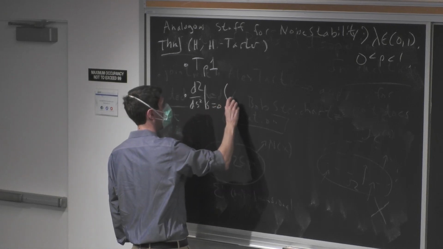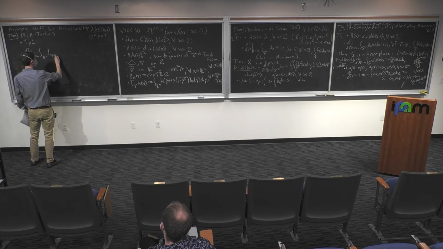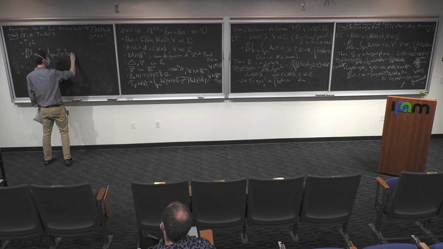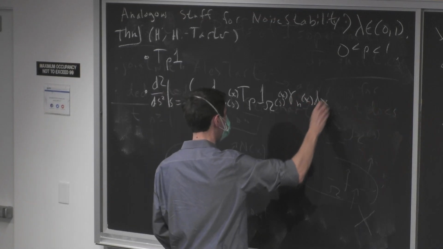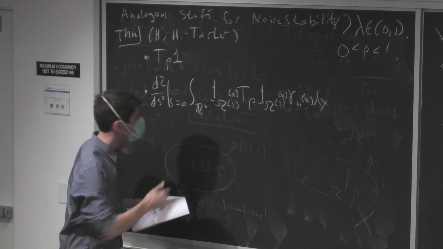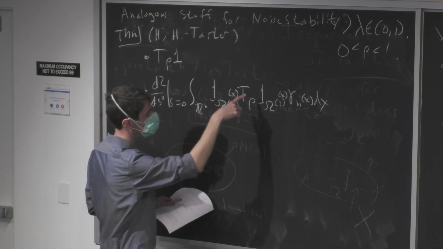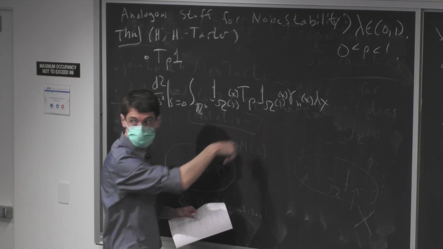It's the integral of the indicator of omega against T rho of the indicator of omega. So this is noise stability: just take a set, and then integrate it against the heat evolution of the same set.